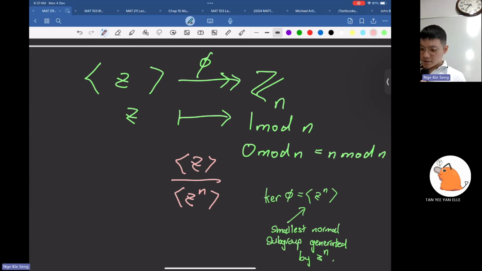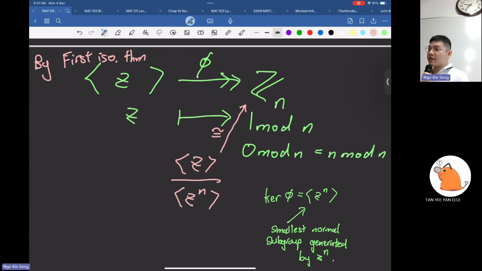So by the first isomorphism theorem, we have an isomorphism between this quotient group and the image of phi. And then what's the map that makes this diagram commute? This is the canonical map pi. Does it make sense?